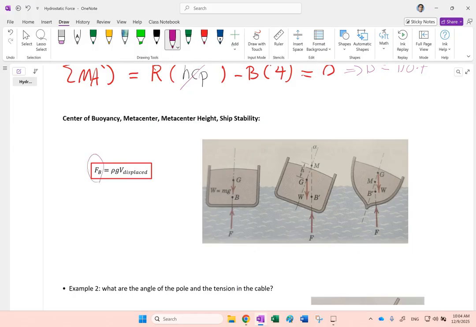So the buoyancy force is, as I said, the weight of the displaced water. So it's rho g times volume that you displace in the water. Okay? Or in this case, it could be V of submerged.